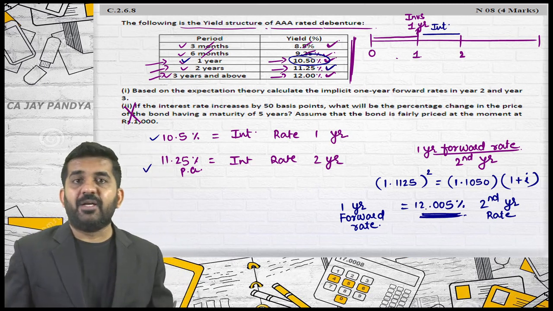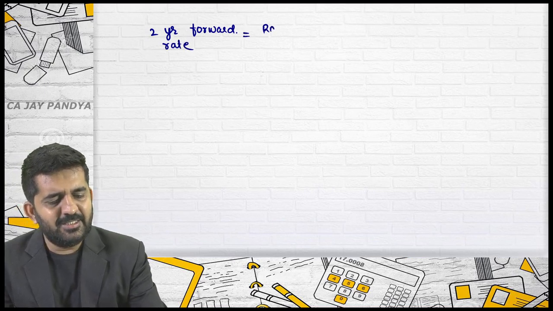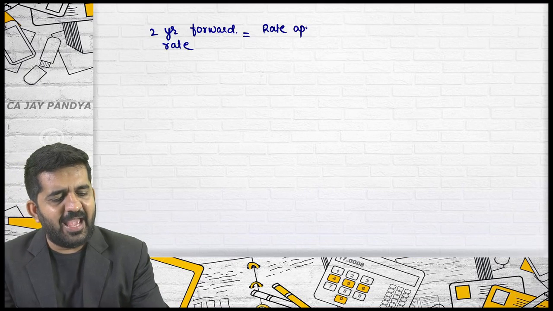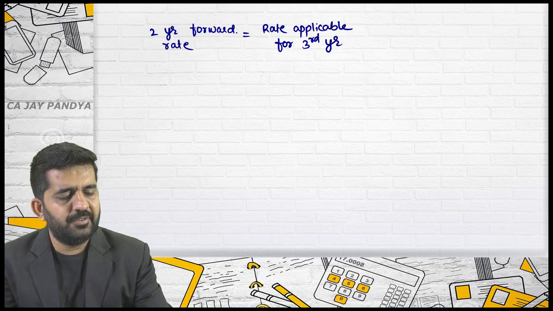If I want to find out the 2 year forward rate, please try to understand, the 2 year forward rate is the rate applicable for the third year.